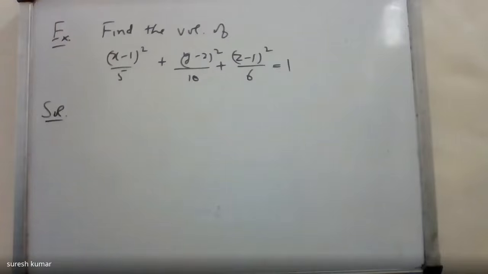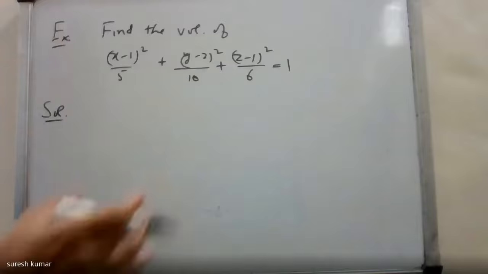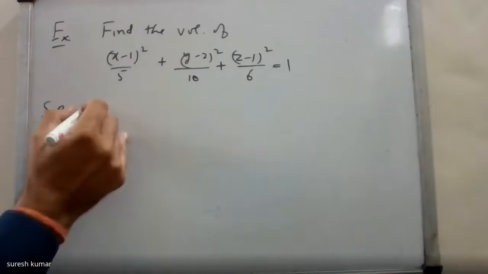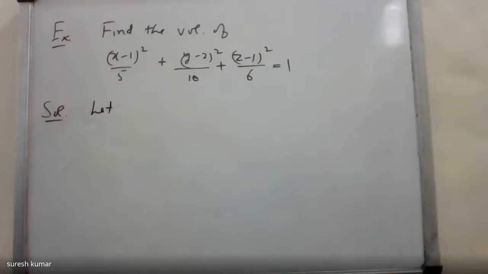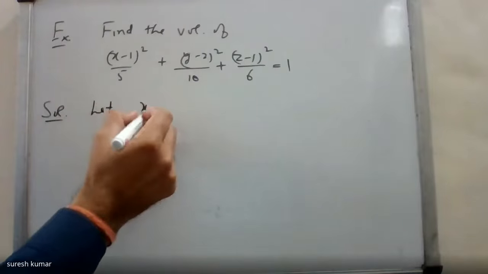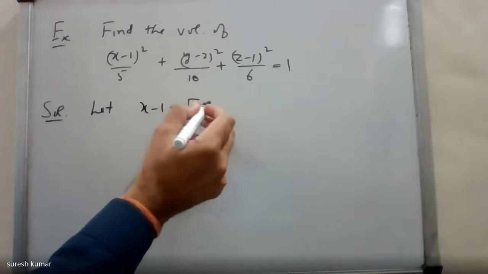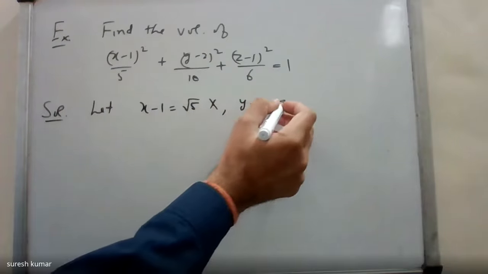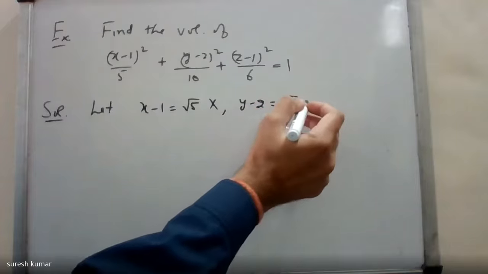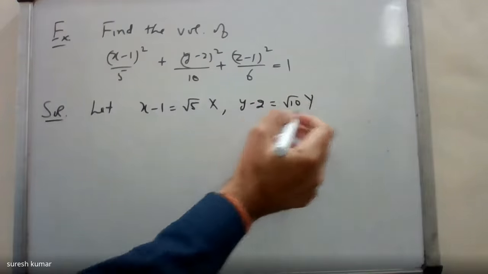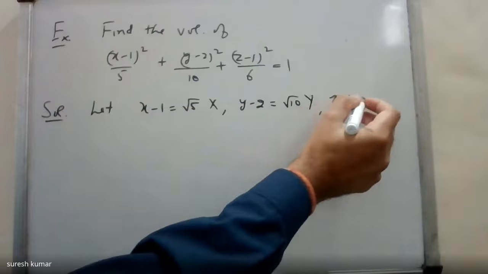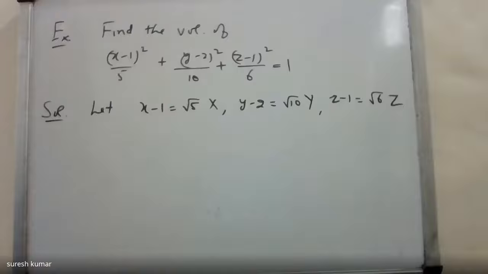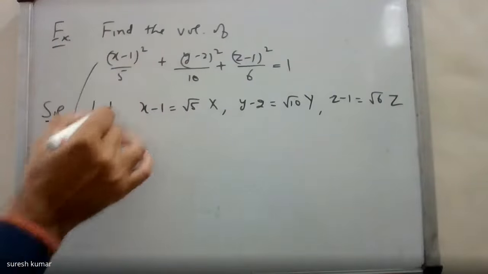You can use a transformation to convert this ellipsoid into a sphere. What are those transformations? Let's use x minus 1 equal to root 5 into capital X, y minus 2 equal to root 10 into capital Y, and z minus 1 equal to root 6 into capital Z. So this thing changes to what?